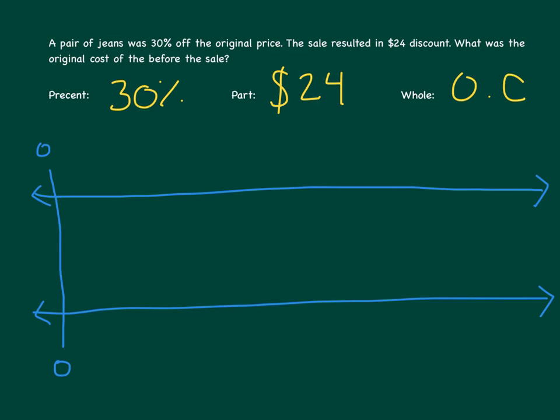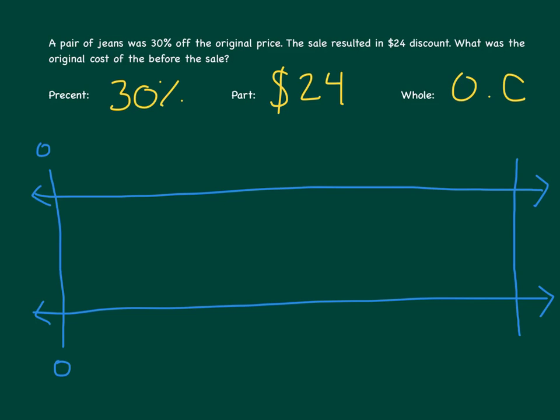So next we're going to use the information about the 30%. We know that was the amount off the original price. We don't know the amount of the original price, but we do know the percent of the original price will be 100%. So I will create another line from the top to the bottom, and I am going to have the top number line be my percent.